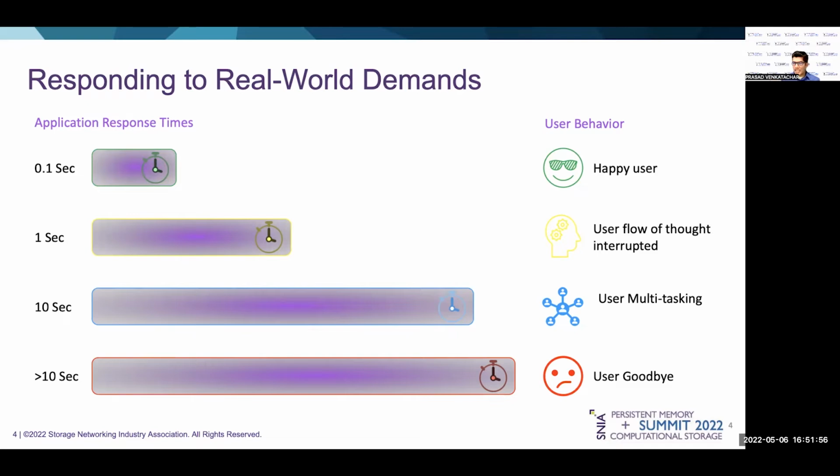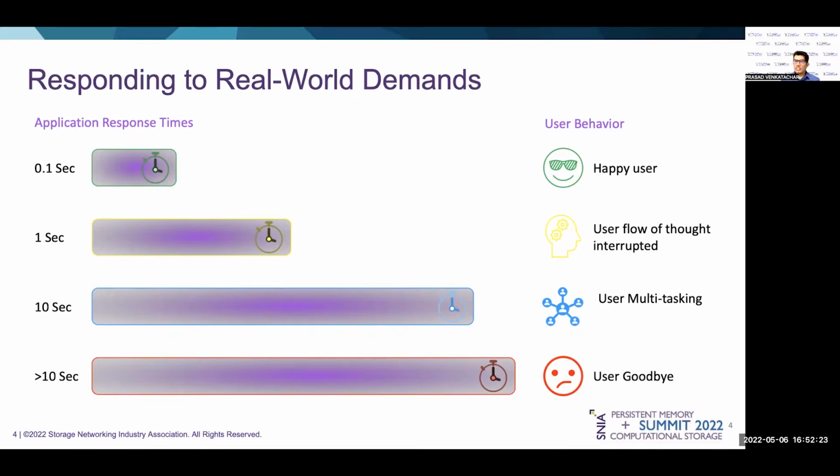Then users start multitasking, which also implies that you have lost the attention span of the user for your business app. And in the extreme case, if this increases to greater than 10 seconds, the user will say goodbye, this app is not working for me, it's a complete waste of my time. You'll stop using this app. This causes significant customer churn.